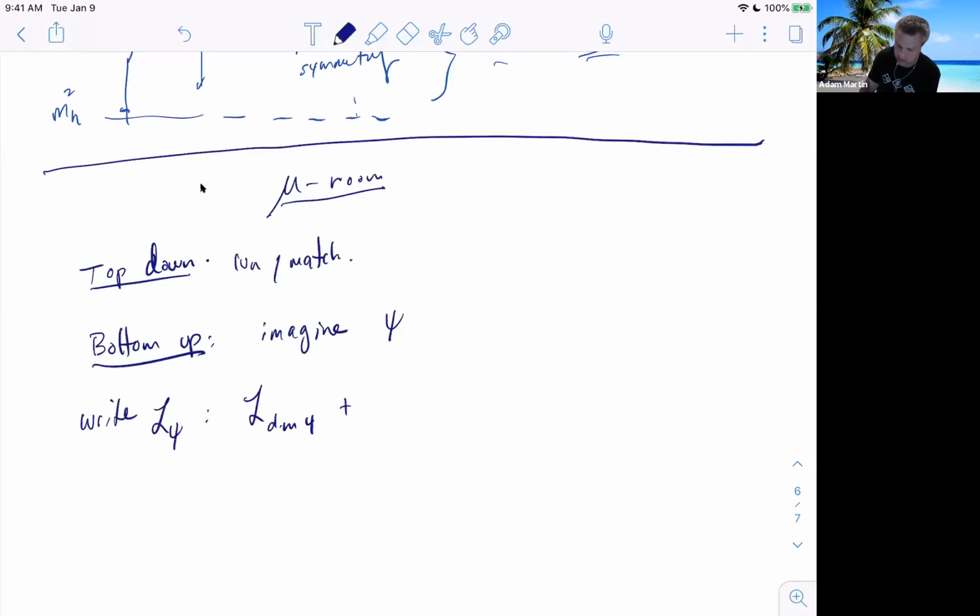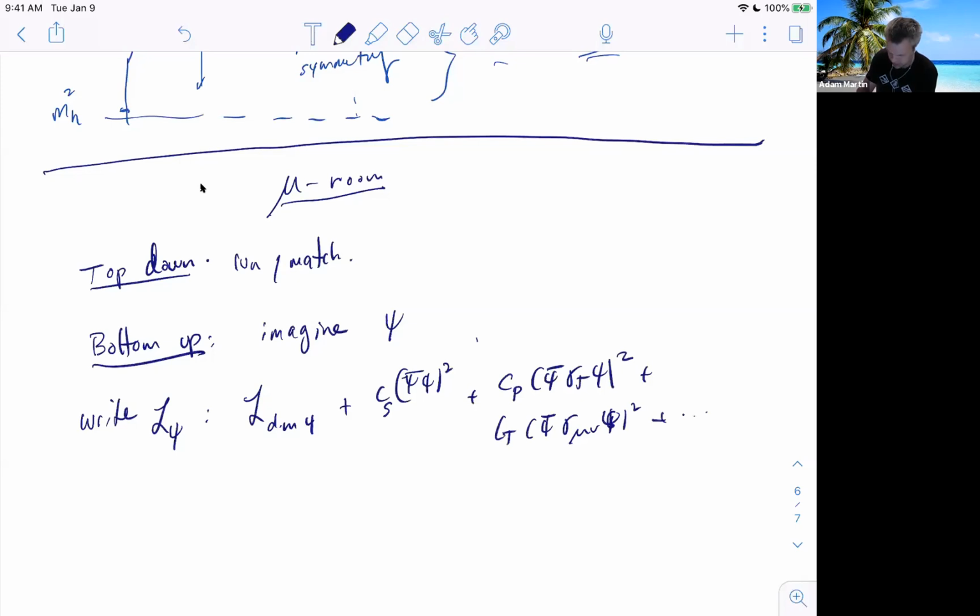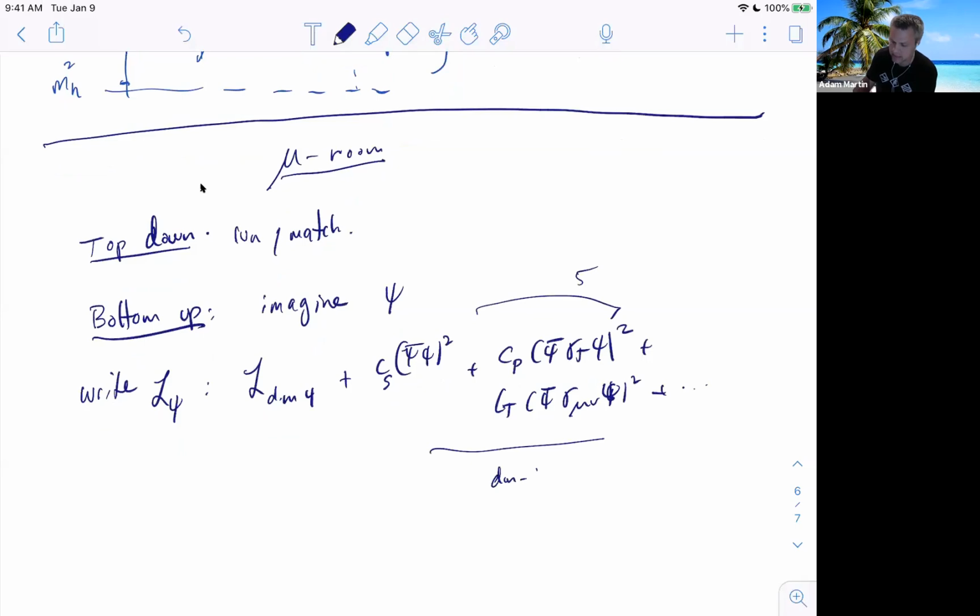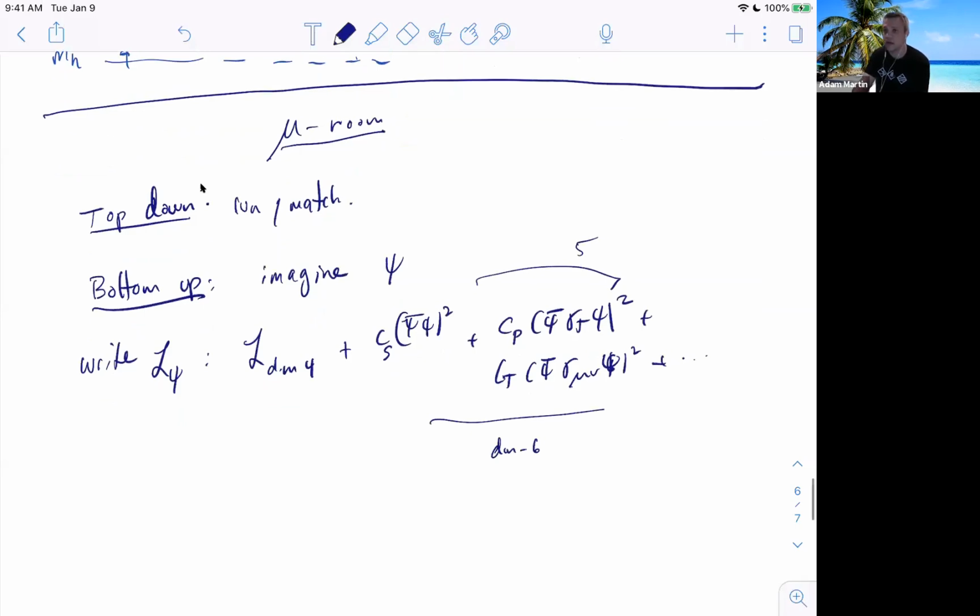So we would have C_S (psi bar psi) squared, C_P (psi bar gamma 5 psi) squared, plus C_T (psi bar sigma^{mu nu} psi) squared, plus dot, dot, dot. There are something like 5 of these. So this stuff is all the dimension 6, and I could stop there for a second.